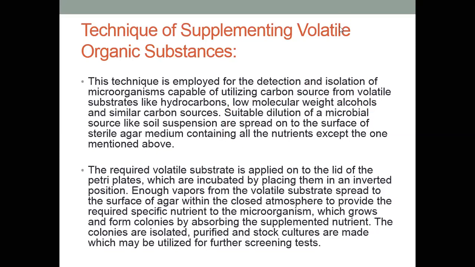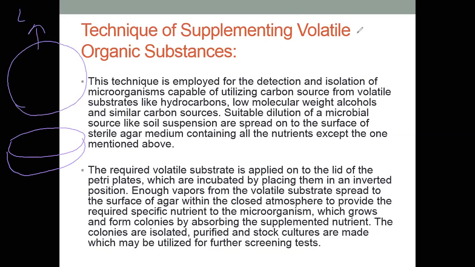So I'm going to follow the same procedure. I'm going to draw it down so it is a little more clear. So what do we have here? We have a Petri plate, and we have the lid of the Petri plate, right? So this is the lid, and this is the base of the Petri plate, right?